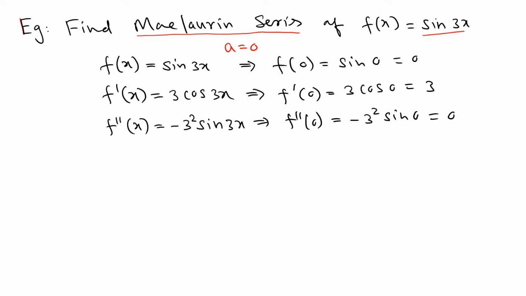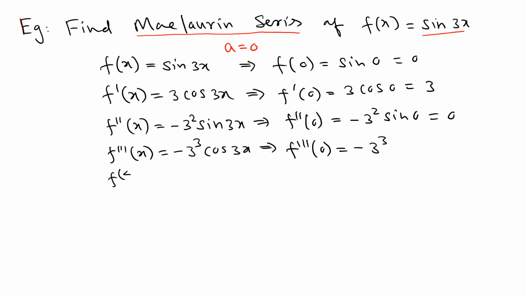So keep doing this until you see a pattern. We don't see any pattern yet. So let's take the third derivative. Sine means cosine. You get another 3. So negative 3 cubed cosine 3x. Now we can evaluate this at 0. So you get negative 3 cosine 0, which means 1, so you get negative 3. We still don't see a pattern, so let's go for the fourth derivative.